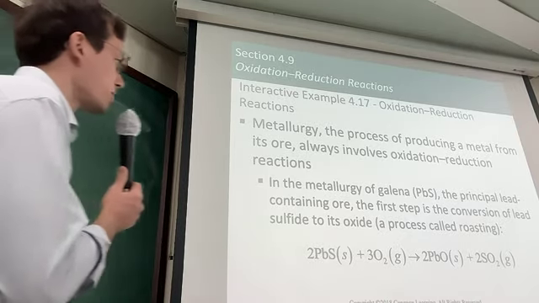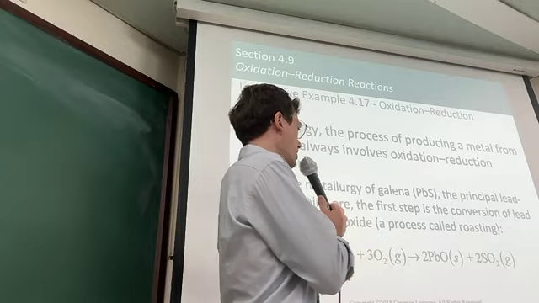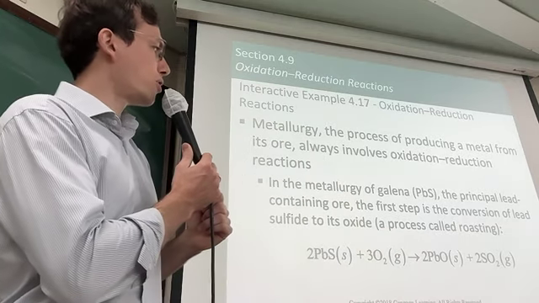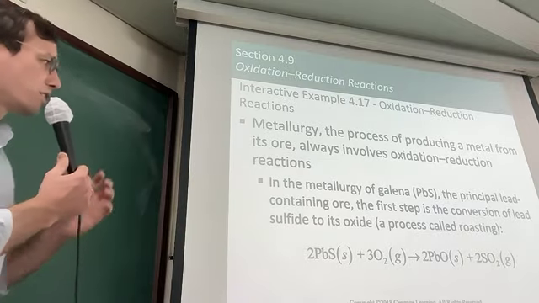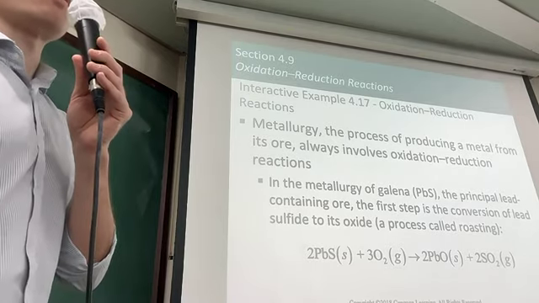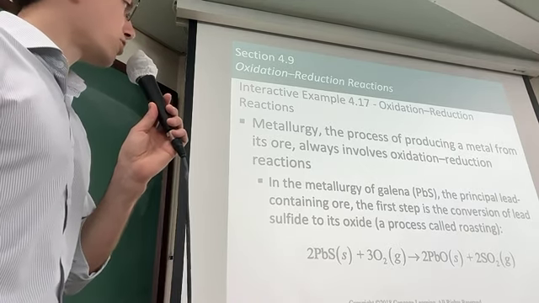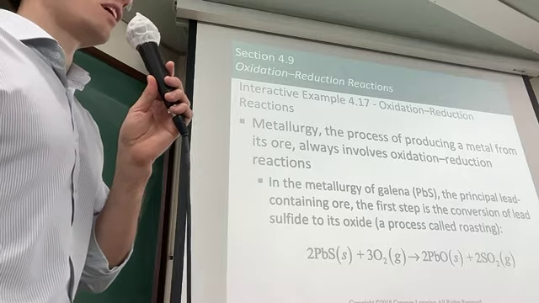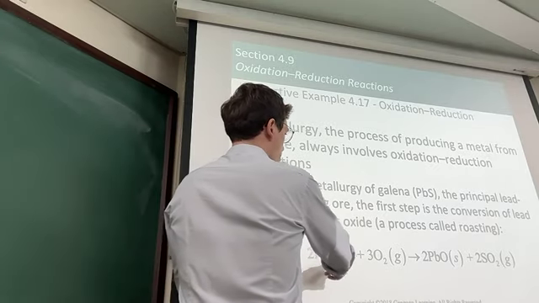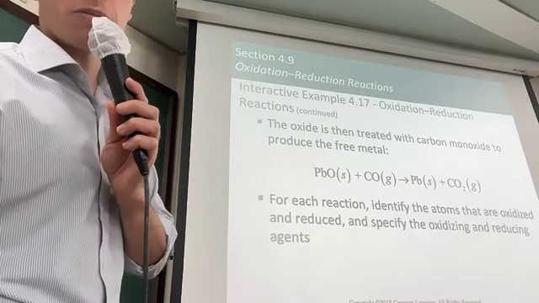The first step in converting it is to oxidize it with oxygen gas to form lead oxide and sulfur oxide. So we can do some analysis of the oxidation numbers to understand what is oxidized here and what is reduced. I just told you oxygen is an oxidizing agent, so we will probably expect that the oxidation number here should somewhat increase, right? So let's see what happens here.